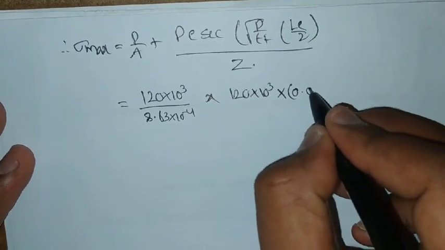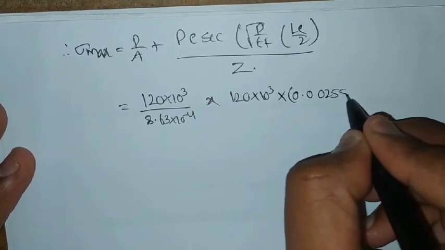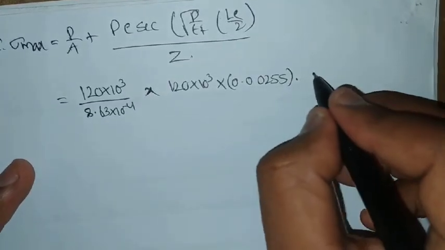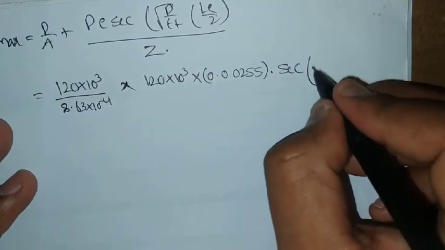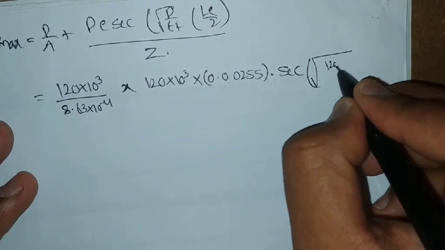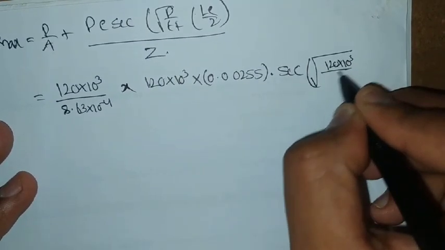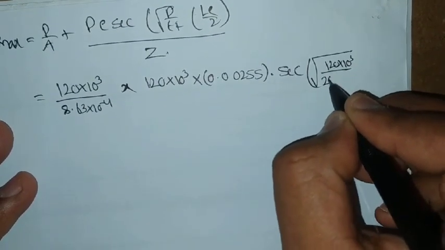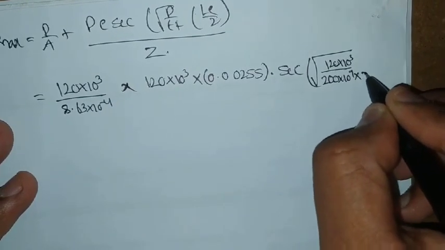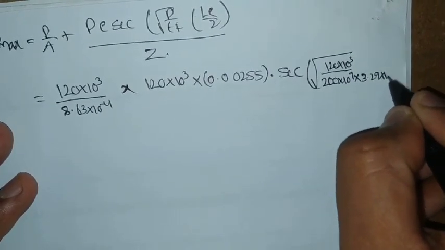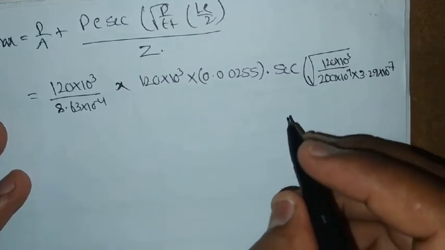So it can be written as 0.00255 into secant of root P by EI. Root of P by EI is 120 into 10 to the power of 3 divided by the E value, 200 into 10 to the power of 9, and the I value is 3.29 into 10 to the power of minus 7.